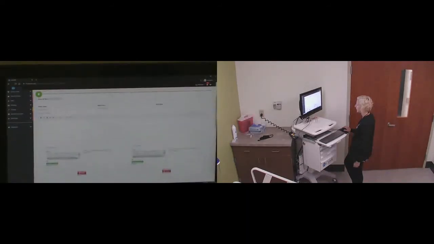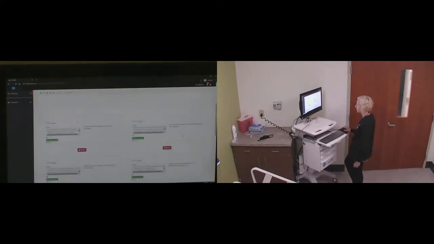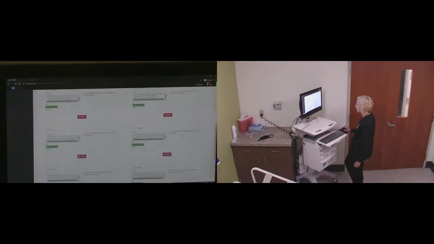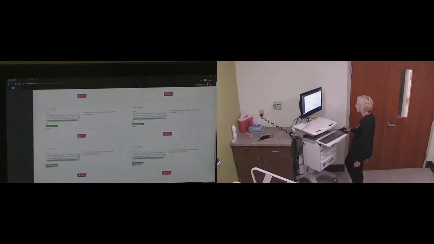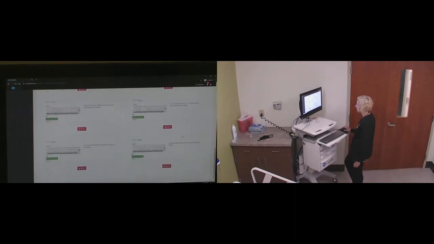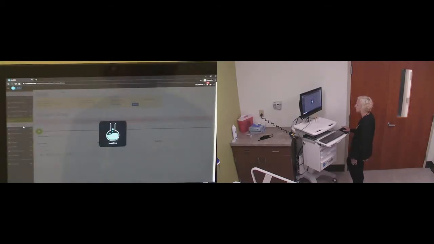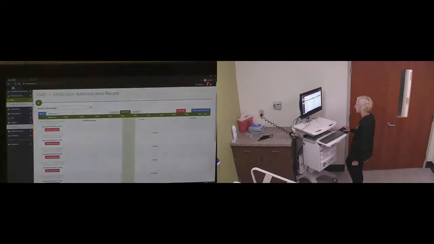Alright, so we have several medications ordered for Jean today. Let me go into my MAR. Okay, so it looks like I have some medications that are due.